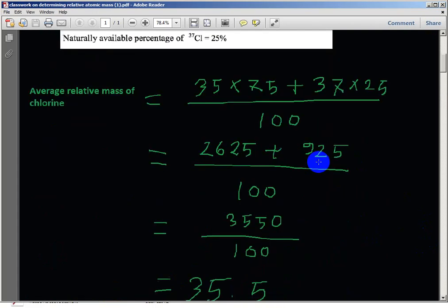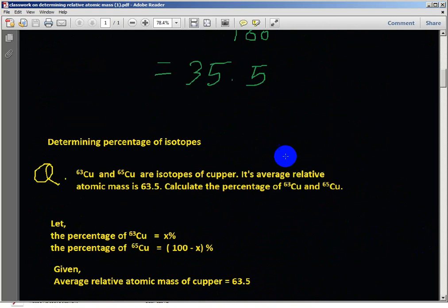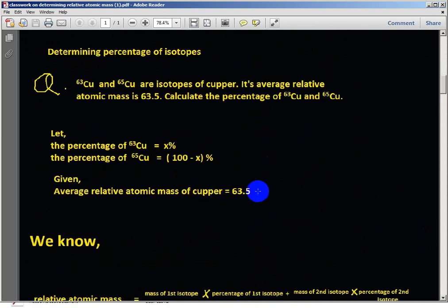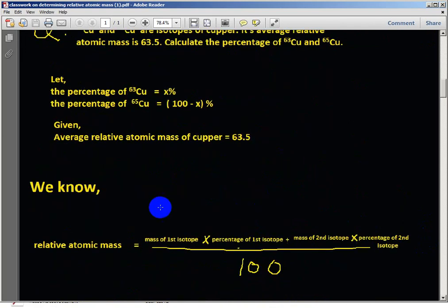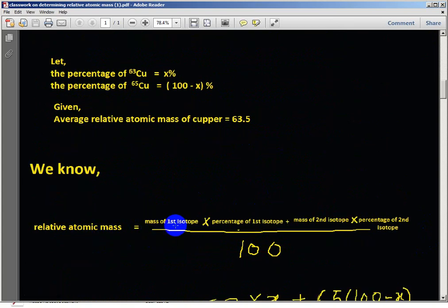So now, relative atomic mass is given as 63.5. We know the relative atomic mass equals the mass of the first isotope multiplied by its percentage, plus the mass of the second isotope times its percentage. If 3 isotopes, you write plus the mass of the third isotope times its percentage, and so on.